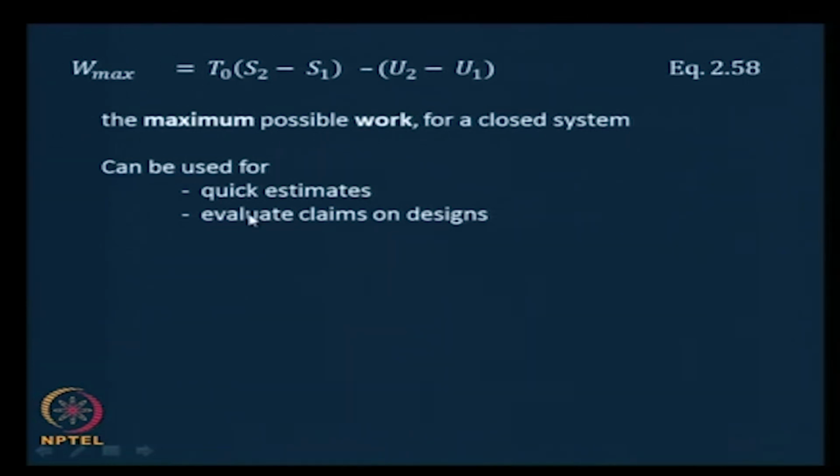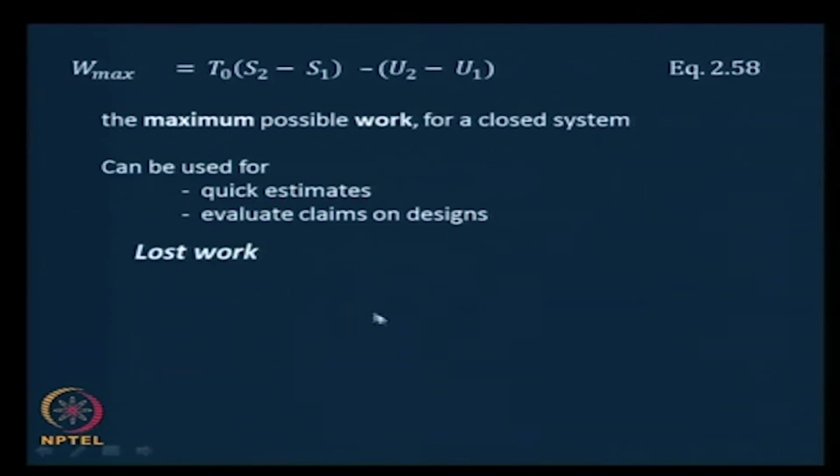It can be used for making some quick estimates and to do back of the envelope evaluations for claims on certain designs and so on. If somebody is saying that they can get so much work, you can just quickly do a calculation if you know these rule of thumb values, and use that to make a quick decision.